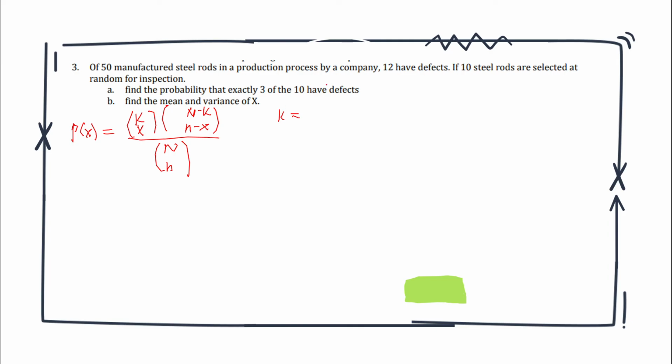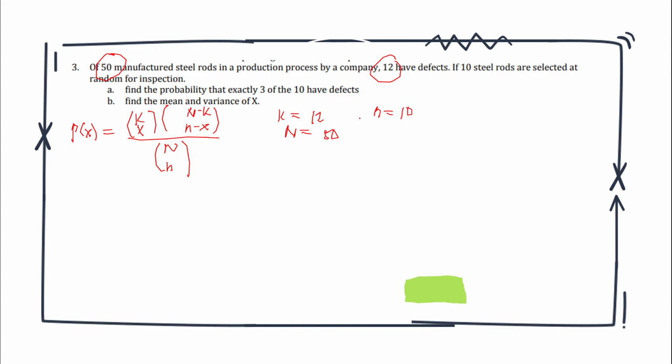What is our k? We have 12 defects, so 12. What is our N? Our N is equal to 50 because this is the population. And what is our n? Our n is 3 out of 10, so 10 still, right, so 10.